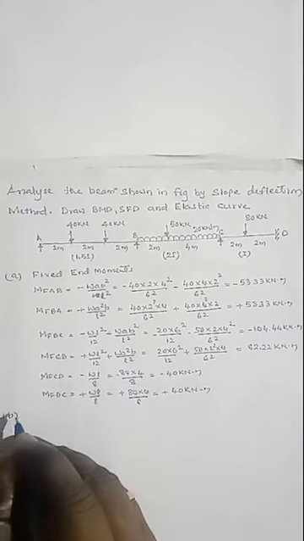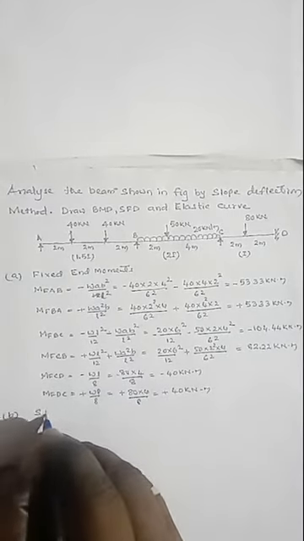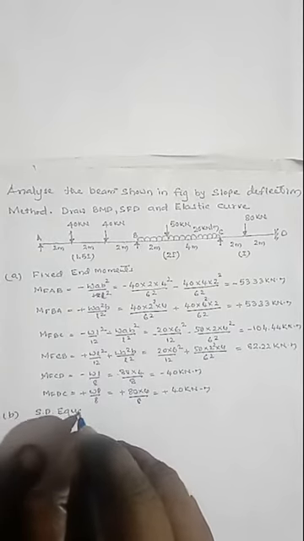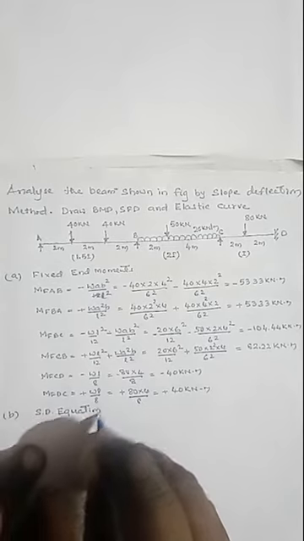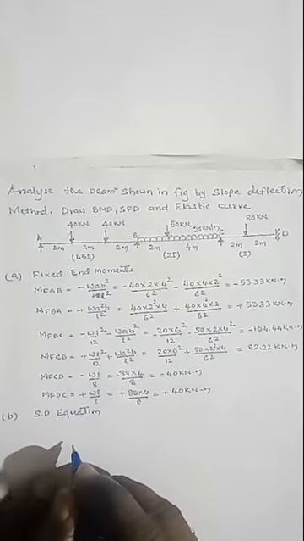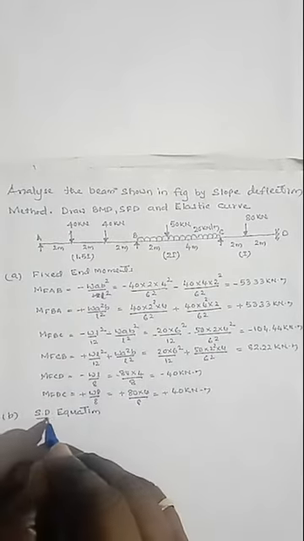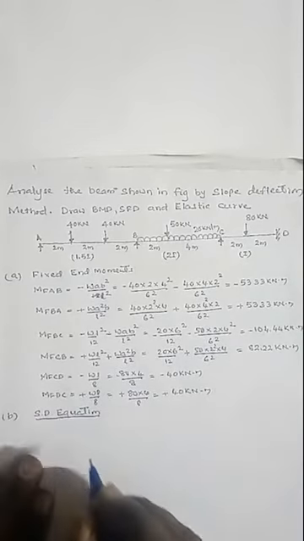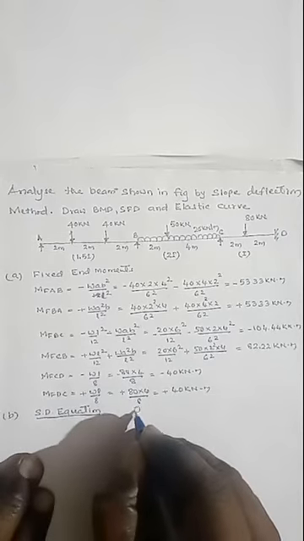Then the second step is to write the slope deflection equation for each span. There are 3 spans, we have to write 2 for each span, that is 3 into 2, here you will get 6 slope deflection equations. Here D is fixed and theta D is 0.